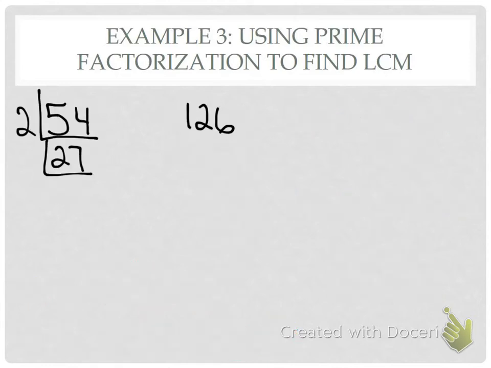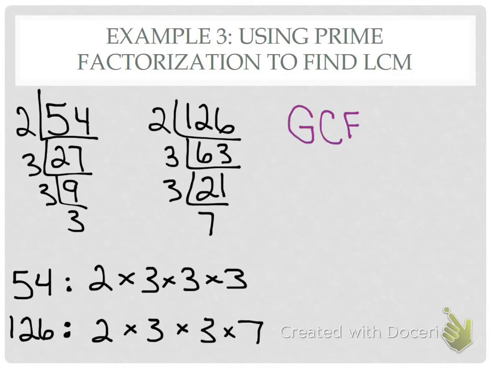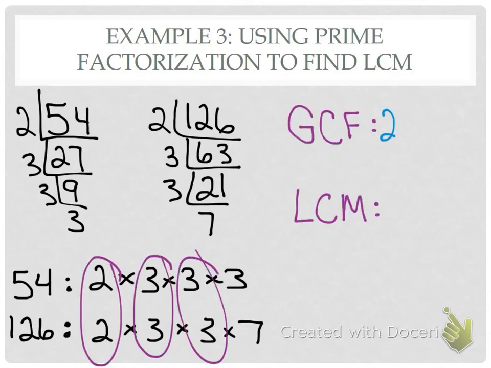All right, so now I want you to do the prime factorization and the GCF of 54 and 126. All right, so prime factorization, group our common factors: 2, 3, and 3. Okay, so for my common factors, it's the same. GCF and LCM, it's the same, okay?